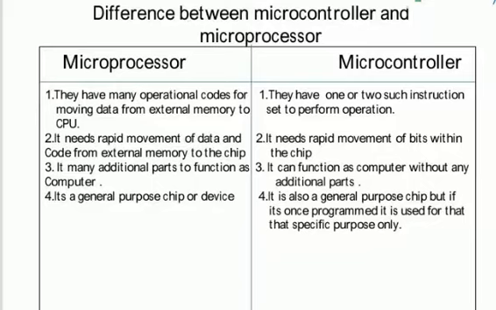A microcontroller consists of ROM and RAM internally, and it does not require any additional part to work as a computer. A microprocessor is a general purpose chip, whereas a microcontroller, if we program it once, cannot be used for general purpose.